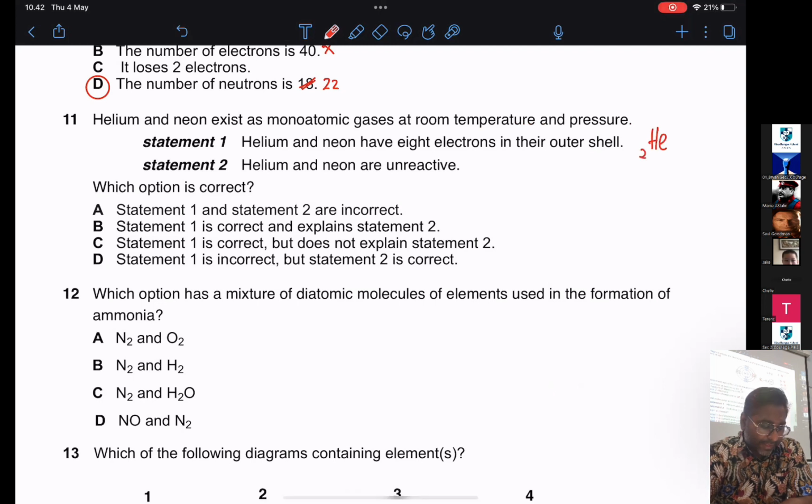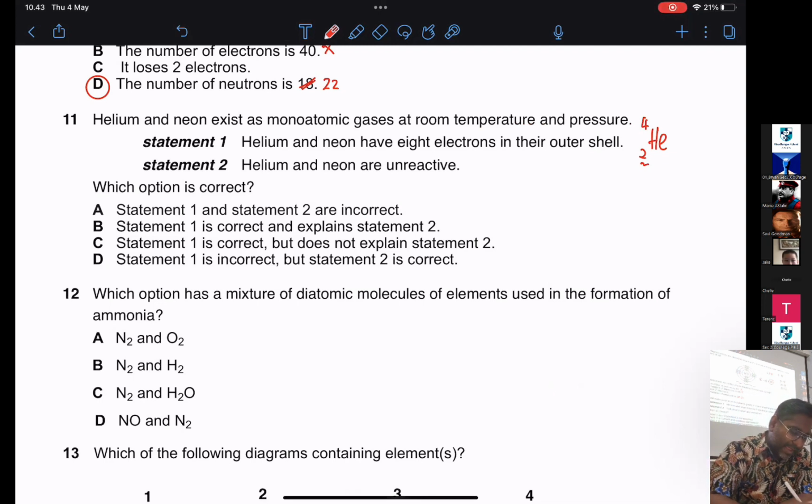So if you take this entire thing as an atom, they do not lose the electron, but they say particle. They didn't say isotope or anything. So I'll take it as D, taking into consideration that 18 must be changed into 22, or maybe the 40 must be changed into something else.